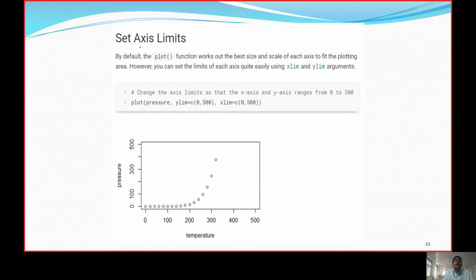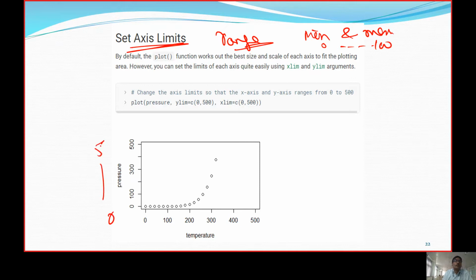Next comes the axis limit. The axis limit is going to give a range, that is, a minimum value and a maximum value, as it is from 0 to 100. So here you can say it is 0 to 500 for pressure, and 0 to 500 for temperature.